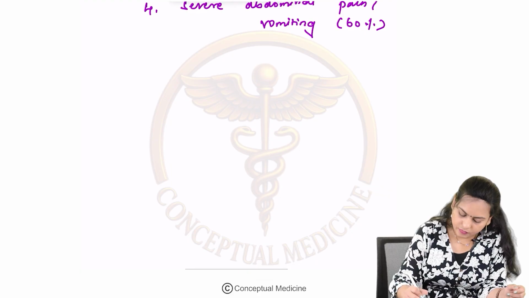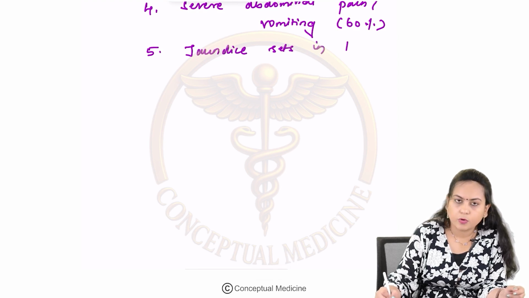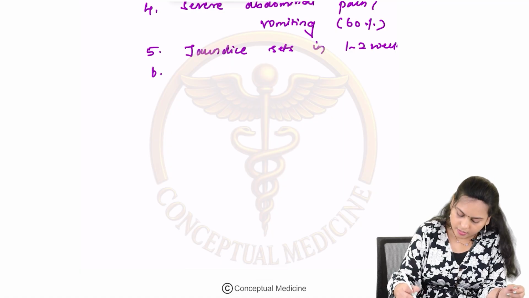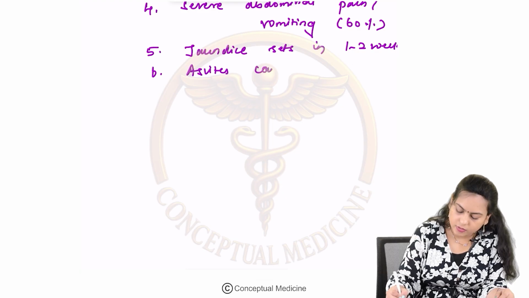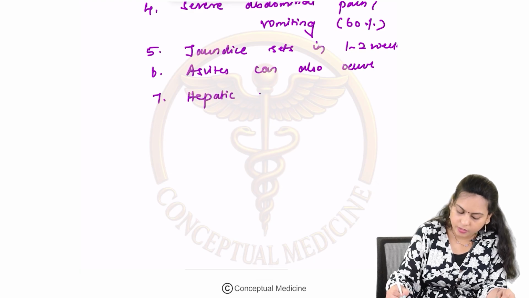Okay, and then after this, jaundice sets in within 1 to 2 weeks. Okay, and ascites can also occur and it can lead to hepatic encephalopathy also.